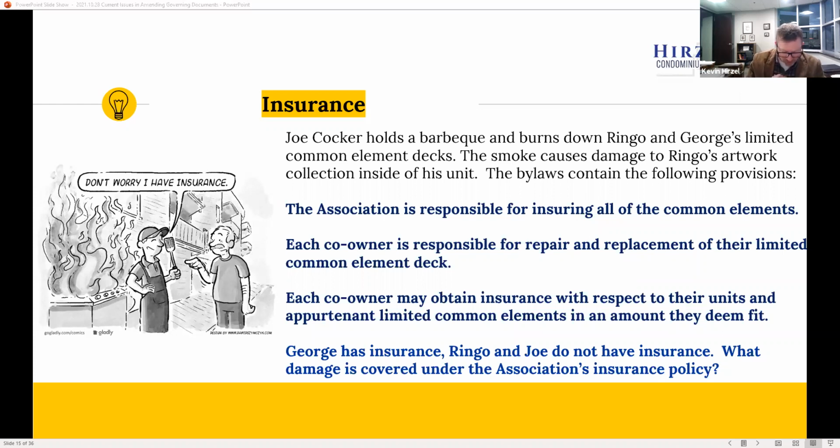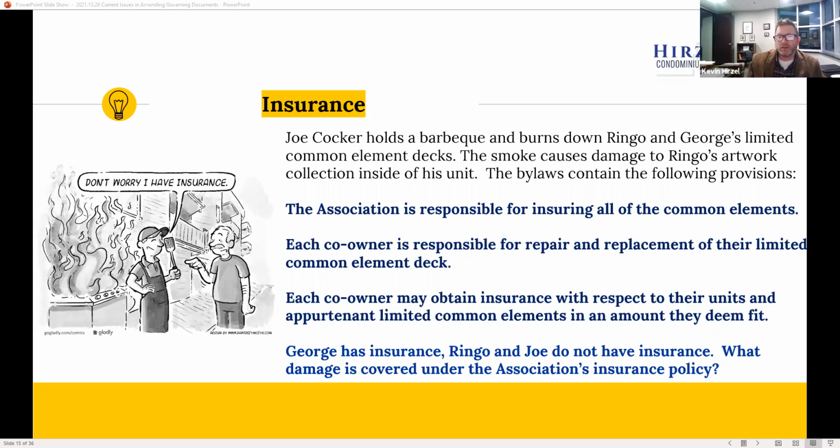And the overarching question is: what damage is covered by the association's insurance policy? Believe it or not, this issue, in different manifestations, is probably the most common question that we get, whether it's water leaks, sink repairs, or overflowing plumbing.